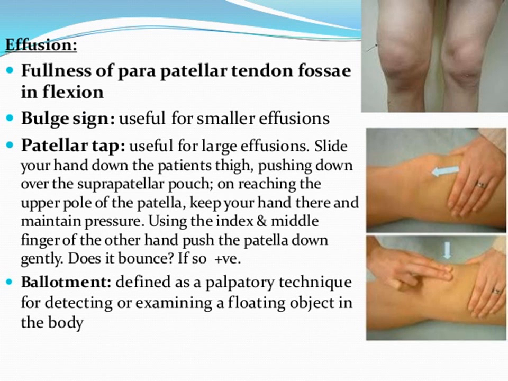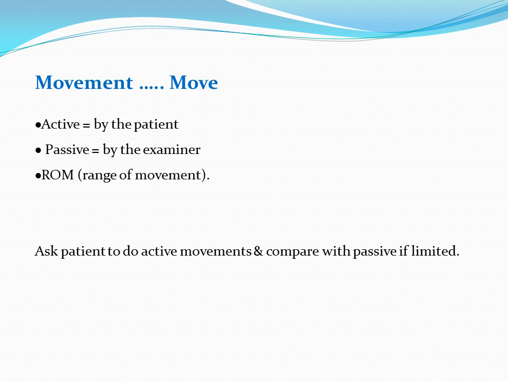One of the most important items in palpation is the examination of the knee for effusion. We can find fullness of the parapatellar fossa and bulge sign in cases of smaller effusion, while the patellar tap test and ballottement test are useful in cases of moderate and large effusion, as seen in the figures. After inspection and palpation, we go to movement.